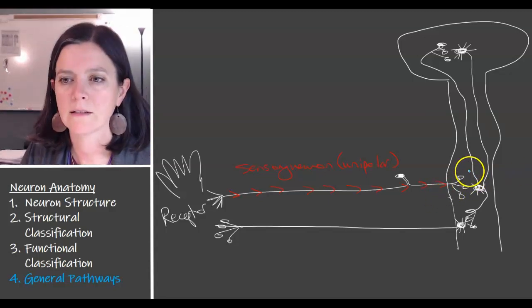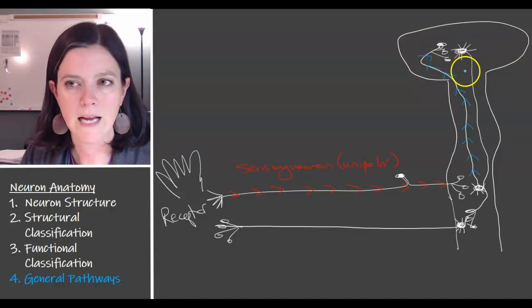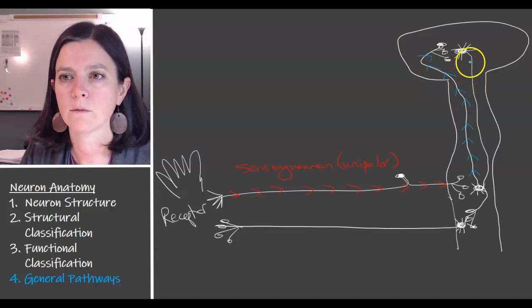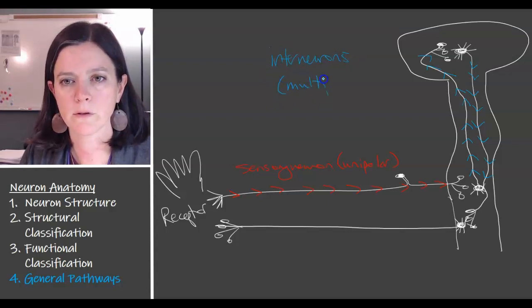Remember, they stay inside the CNS. That interneuron is multipolar, and it's carrying information up the axon. It's going to synapse with another interneuron, and it's going to come back down axon number 2. That's what our interneurons are doing. So our interneurons are multipolar.